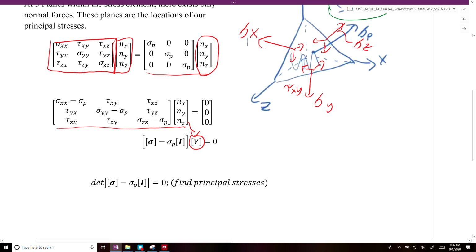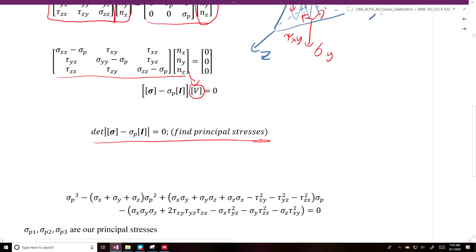So if we take that determinant, we get a cubic polynomial.